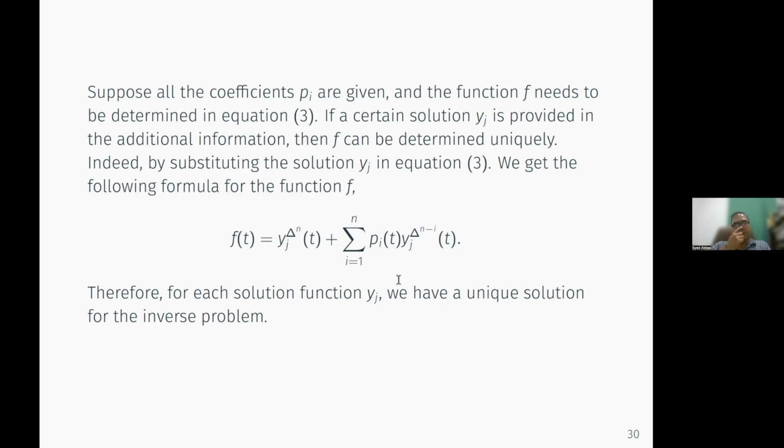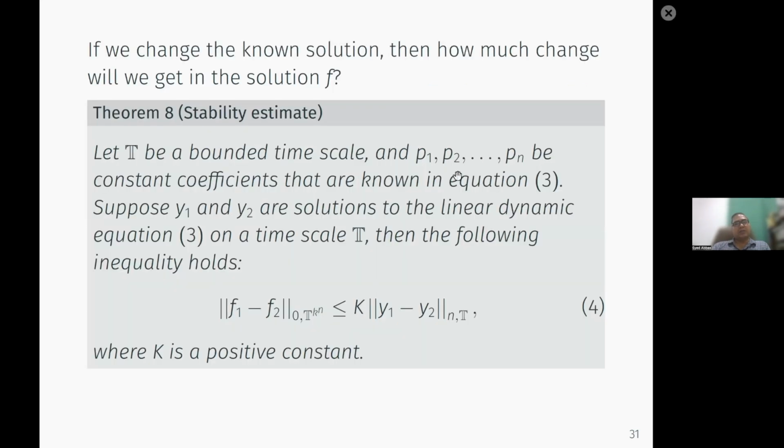This can be done by substituting the solution y_j in the equation, and we get the function f(t) through this. So for each solution function y_j, we have a unique solution for the inverse problem in this case. Now, if we change the known solution, how much change will we get in the solution f?